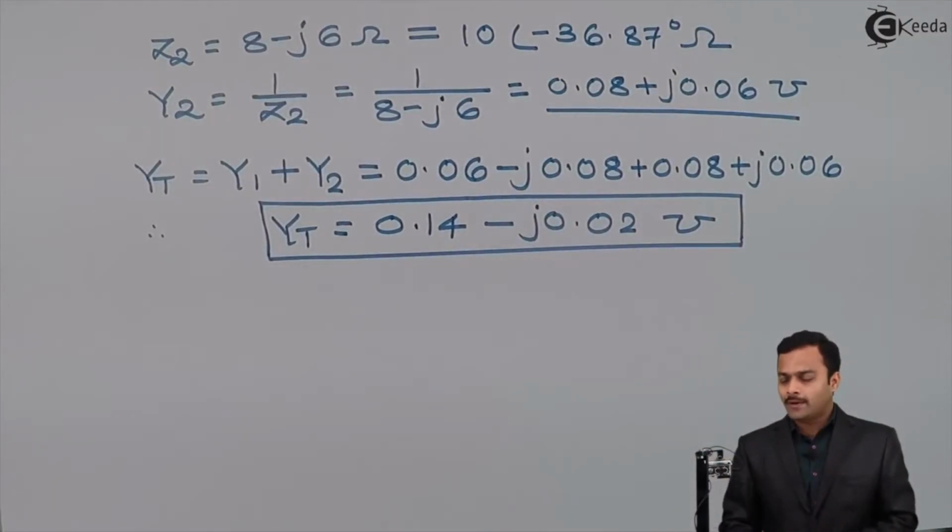So this is the total admittance of the circuit, but from this I can get total conductance and total susceptance.